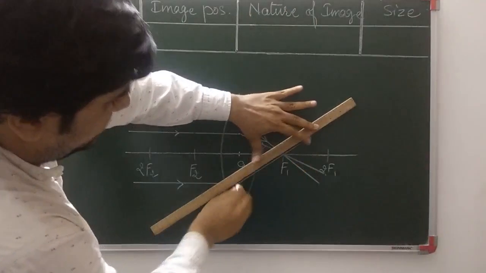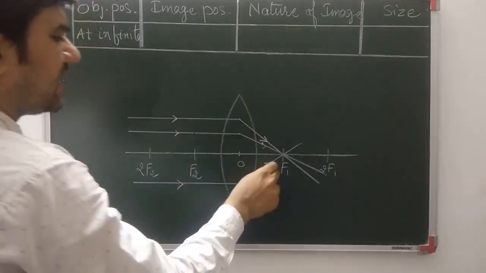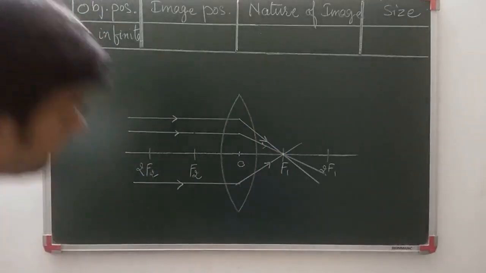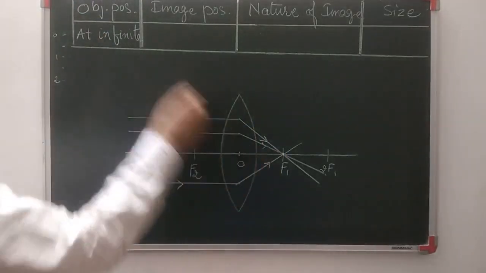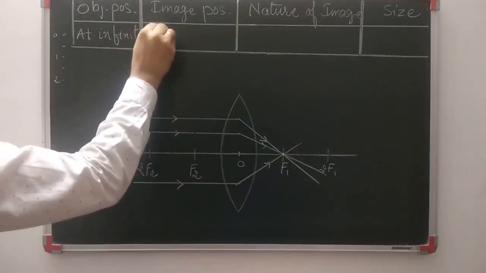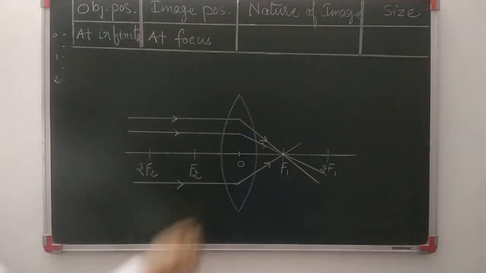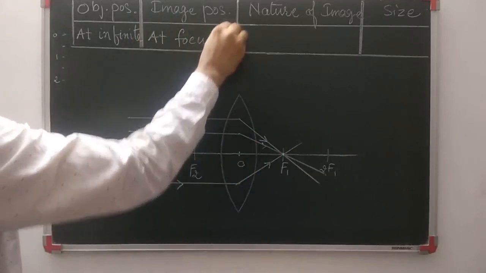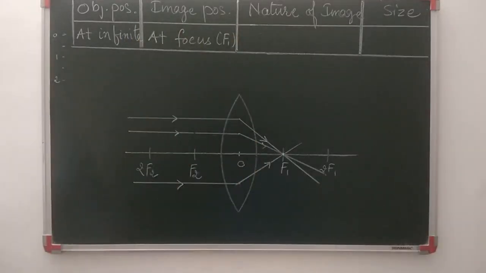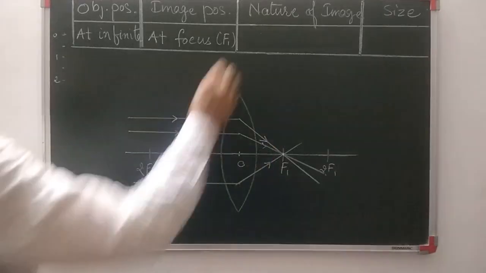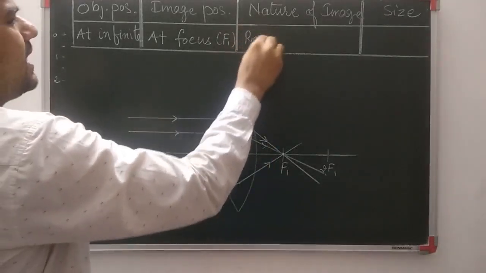As we discussed earlier also, wherever the refracted rays intersect, we obtain the image. So here you can see that the image is obtained at the focus. Specifically, you can write F1 if you wish, otherwise it's fine. As for the nature, as the convergent rays are intersecting, we can say that it is real and inverted.